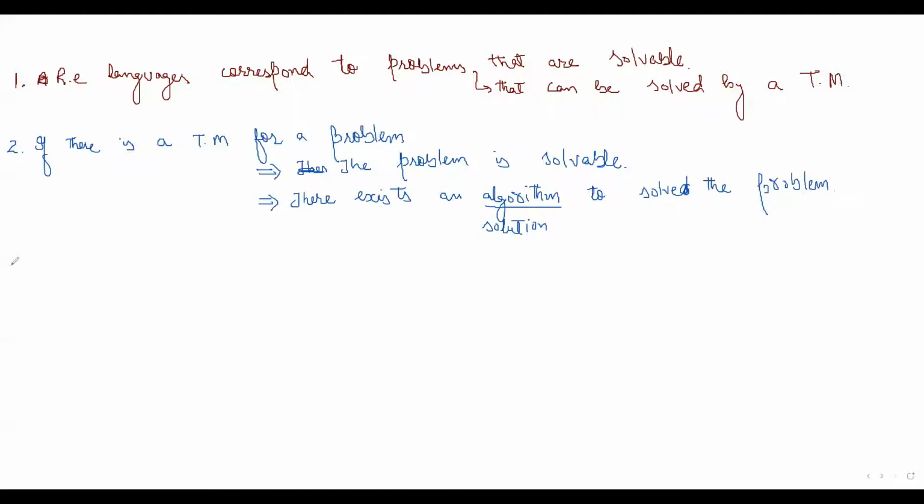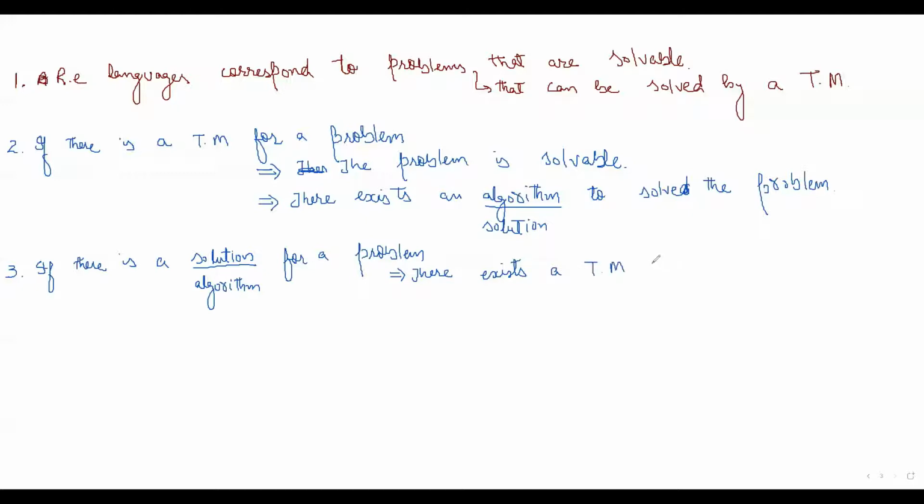Okay, the third point we can take is, if there is a solution, or we can say there is an algorithm for a problem, this implies there exists a Turing machine for the problem.